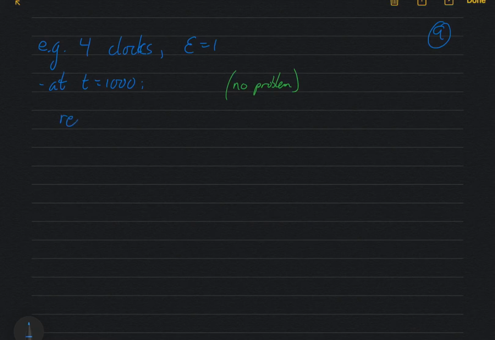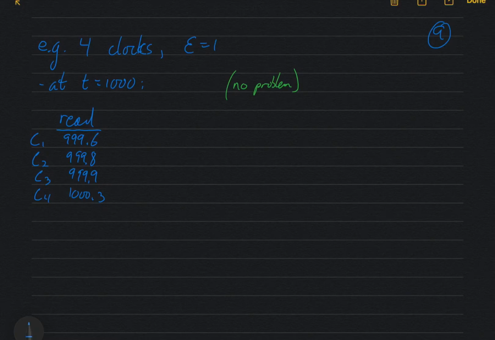So what the different clocks read is C1 reads 999.6, C2 equals 999.8, C3 equals 999.9, and C4 equals 1000.3. So they're all within 1 epsilon of each other.